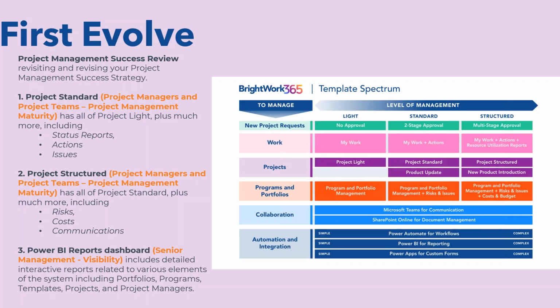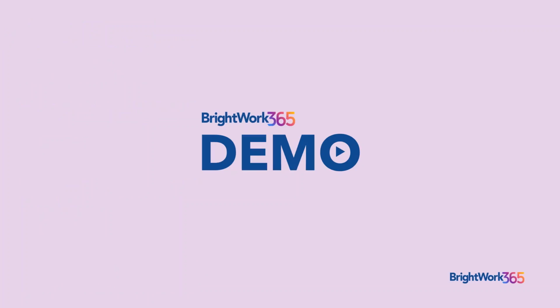And maybe in this case, with Power BI reports, again, inside your Microsoft 365 tenant. That's key, really, isn't it? Is that you're creating your centralized project and portfolio management system inside your secure and safe Microsoft 365 tenant using your security and setup.